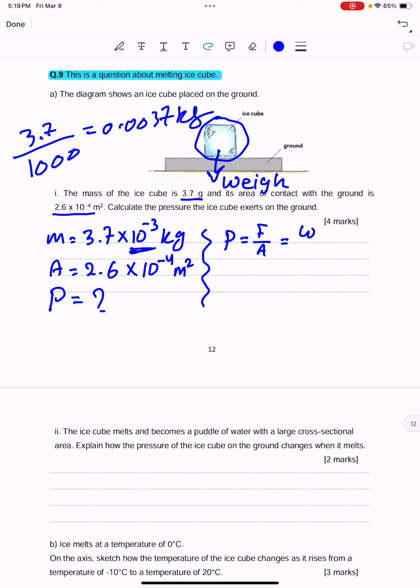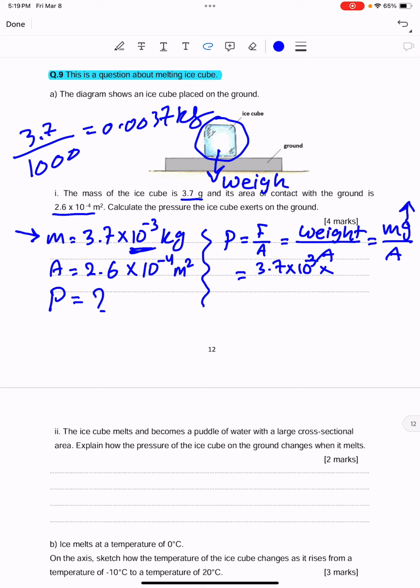So the weight is equal to what? For area, it is mg over A. M is here, so we're just gonna take it from here and put it here, and we're gonna times it with G.